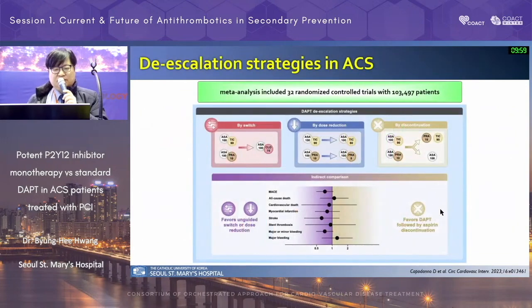But as you can see in the conclusion, switching, dose reduction as de-escalation, and discontinuation as short DAPT, there is no statistical difference between the two, but bleeding has a tendency to be better in the shortening group, while MACE is maybe better in the de-escalation or the switch group.